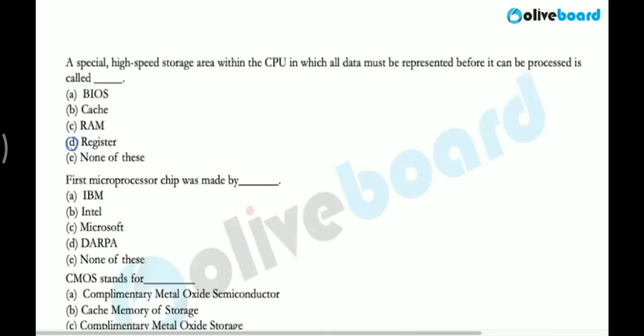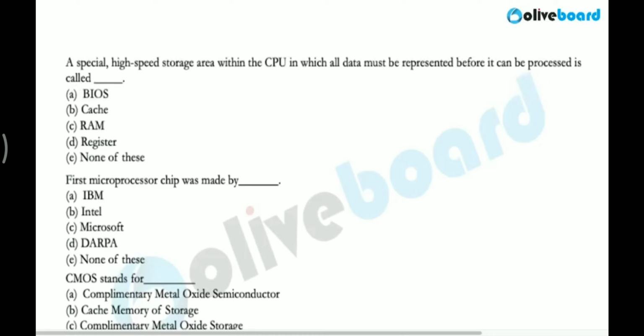Okay, so next question is, a special high speed storage area within the CPU in which all data must be represented before it can be processed is called. As options we have BIOS, cache, RAM, register, and none of these. So what is that particular high speed storage area inside the CPU?